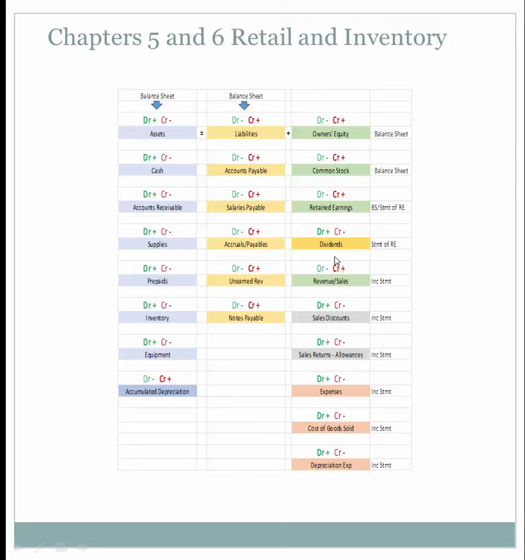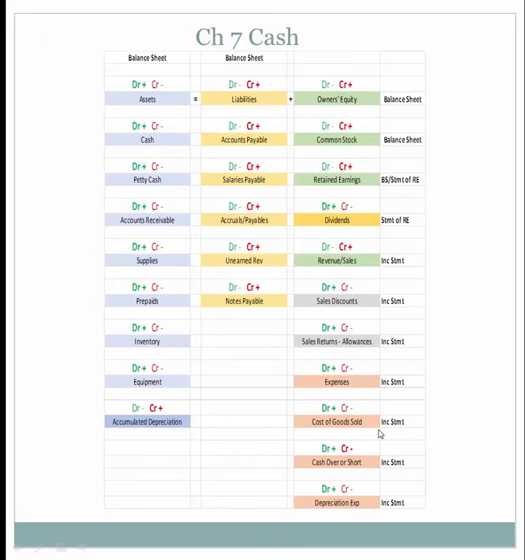Since revenue and sales are credit based, sales discounts and sales allowances will be debit based. We also learned about cost of goods sold, which is the cost of the merchandise that we purchased and then sold. So this is what it cost us to purchase it. It is an expense on the income statement, and it increases with the debit.